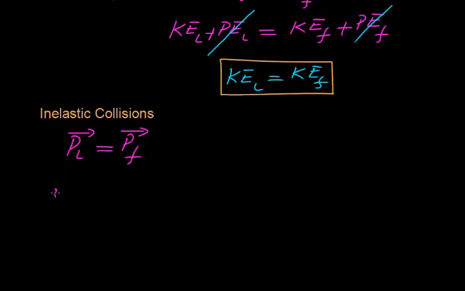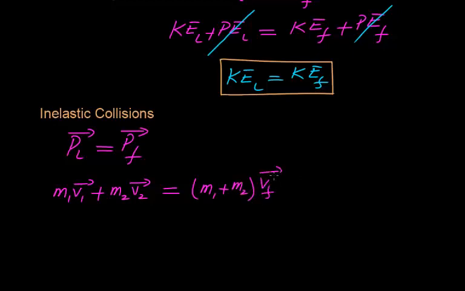You're going to say M1 V1 plus the other mass involved in the collision, M2 V2, and since the objects are going to collide and stick together, they become one unit. M1 plus M2, both of them moving together with the same exact velocity. I'm going to call it V final. So this case here is for that specific one, which is completely inelastic, where objects stick together.